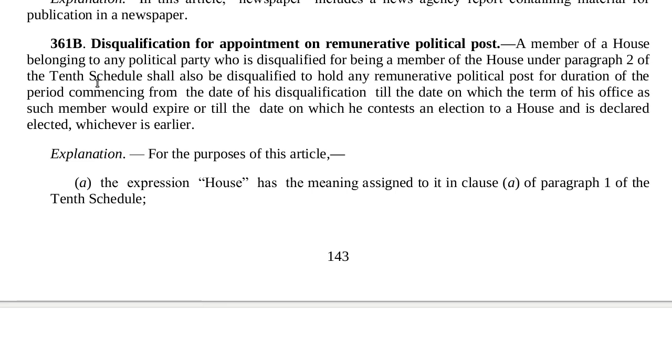A member of the House belonging to any political party who is disqualified for being a member of the House under paragraph 2 of the Tenth Schedule shall also be disqualified to hold any remunerative political post for the duration of the period commencing from the date of his disqualification till the date on which the term of his office as such member would expire, or till the date on which he contests an election to the House and is declared elected, whichever is earlier.